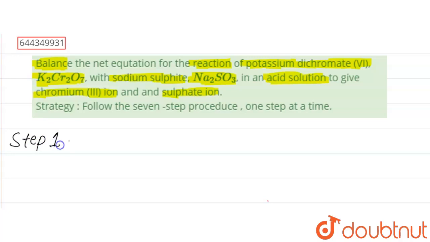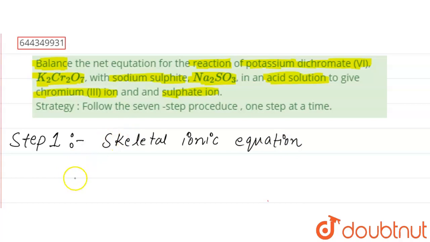Step 1, we will write the skeletal ionic equation. That is Cr2O7 2-, since K2Cr2O7 is there, we will remove the 2 potassium, so the 2 minus charge will come.